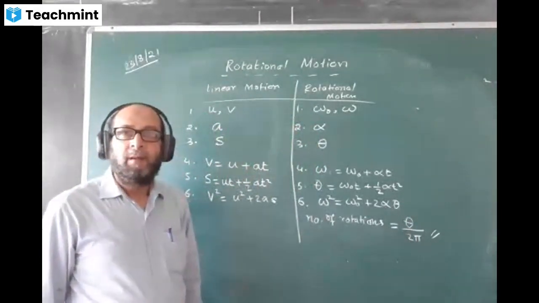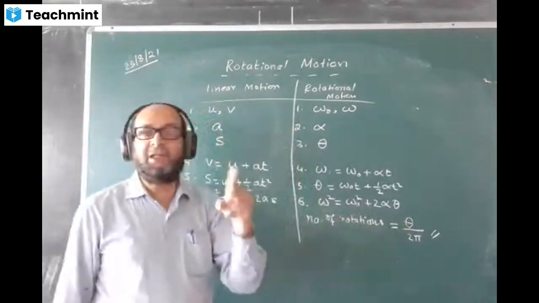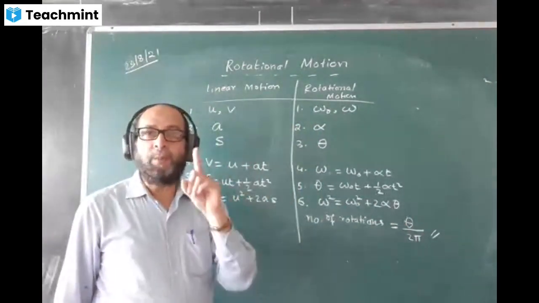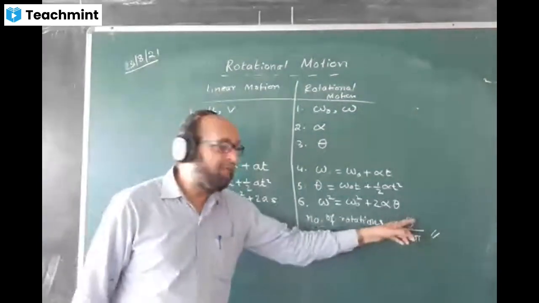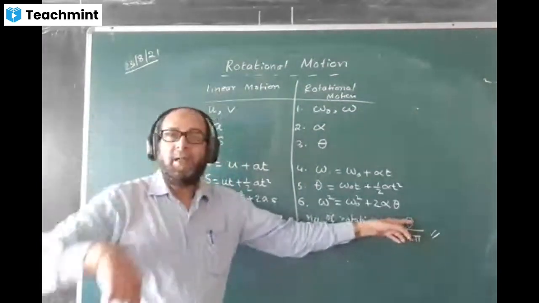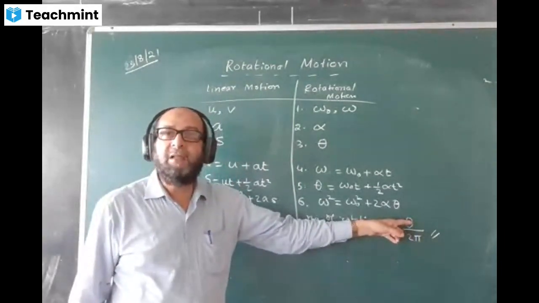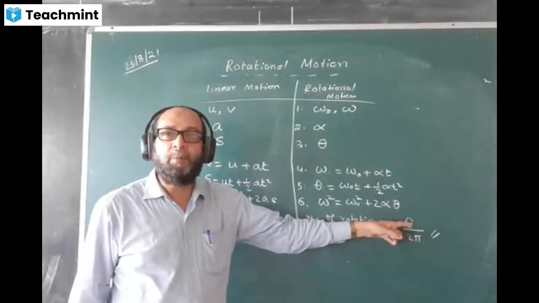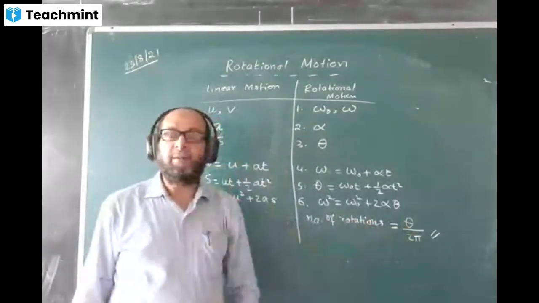What is the logic behind it? Suppose the total angle is 360 degrees, that is 2 pi radian. How many rotations is that? One. That means theta value is 2 pi for 1 round. Total angle is 360 degrees, or 2 pi in radians. The 2 pi cancels, and you get the number of rotations.